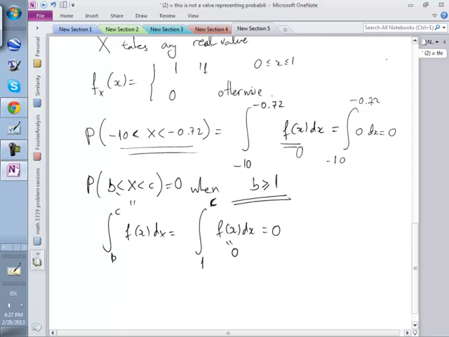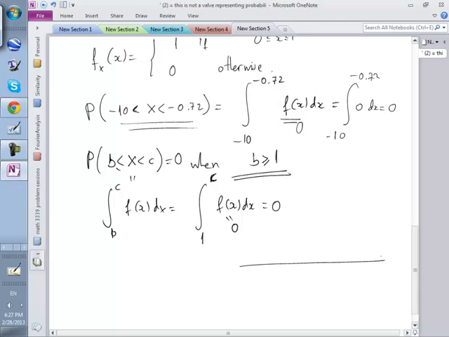But this would make the integral equal to 0, and you can see that if you start from 1 all the way to c, the function is equal to 0, even at 1, and all the remaining values are 0. So the area under the curve, under the graph of the density function f, is nothing, is 0.